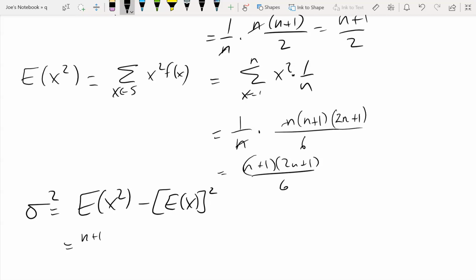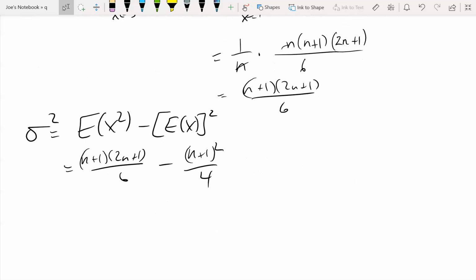So we've got n plus 1 times 2n plus 1 over 6 minus n plus 1 squared over 4. Get a common denominator of 12 here, right?